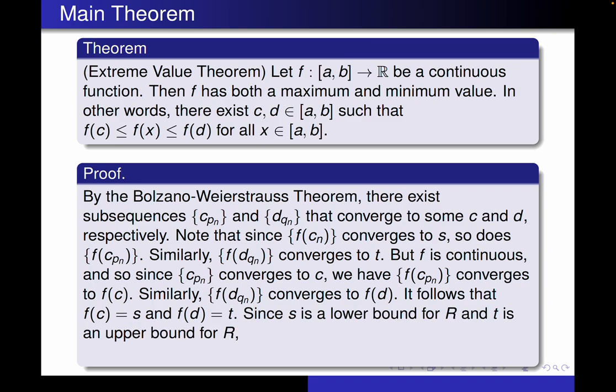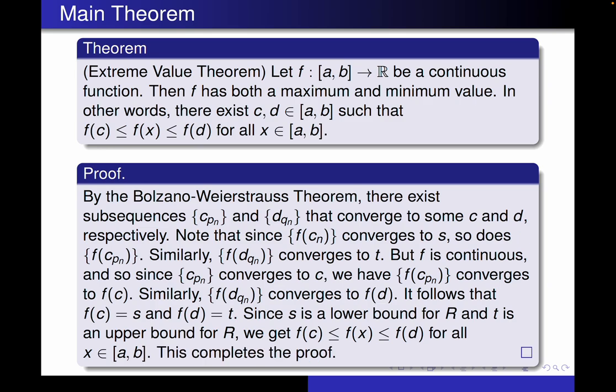We know that S is a lower bound for the range and T is an upper bound for the range, and that means that everything in the range has to be greater than or equal to f of C, since it's a lower bound, and less than or equal to f of D, since it's an upper bound. And that's our theorem, the end of our proof.